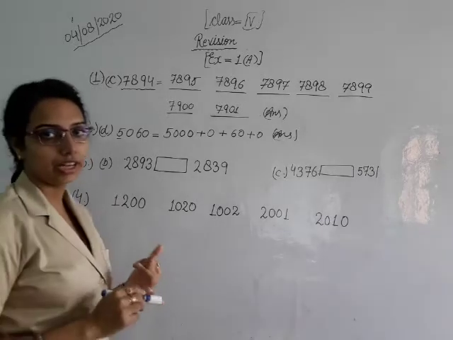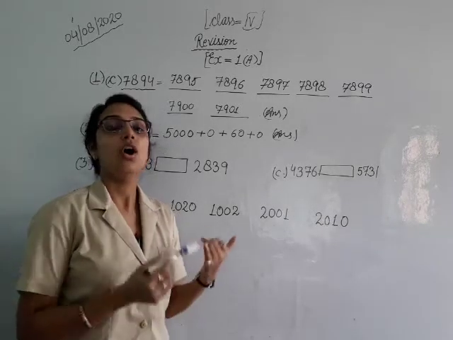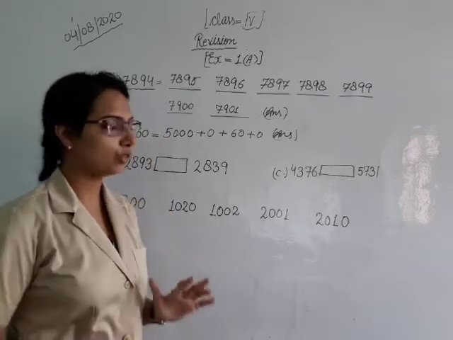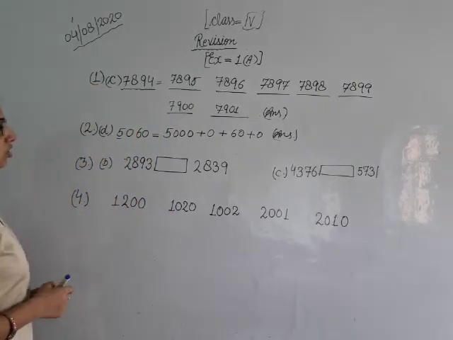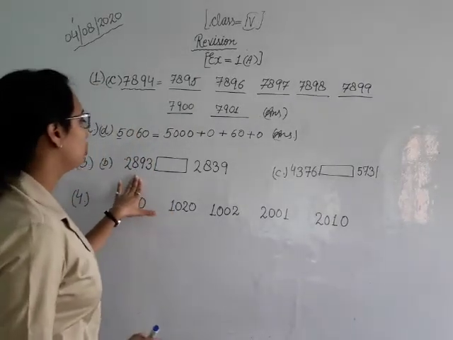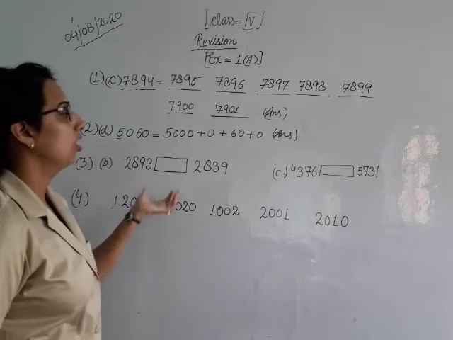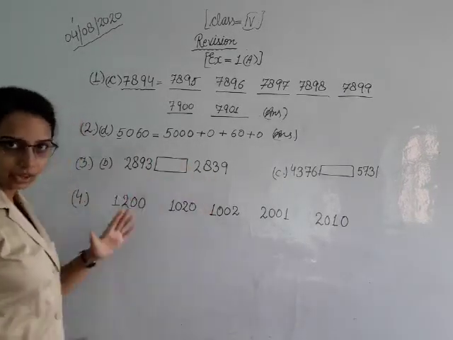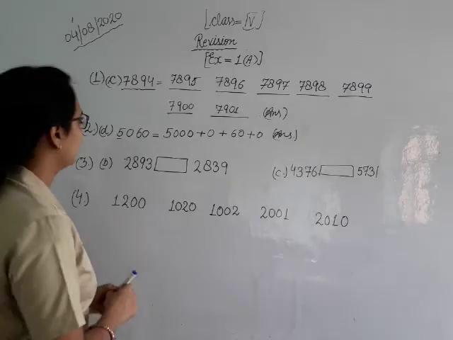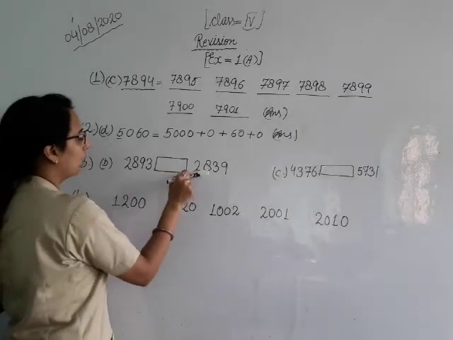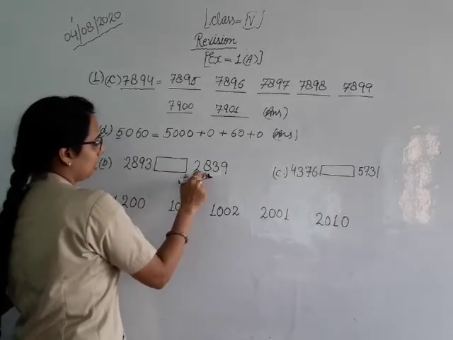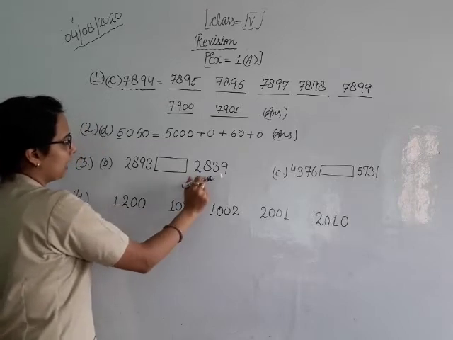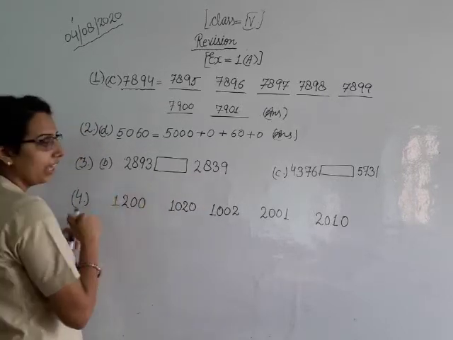Now see our question number 3. Write greater than, equal to or smaller than sign we have to put in this. So just one thing we have to do, we have to find out which number is greater. So which is greater in this? 8 and 8 equal, 2 and 2 are equal, 8 and 8 are equal, 9 is greater than 3.